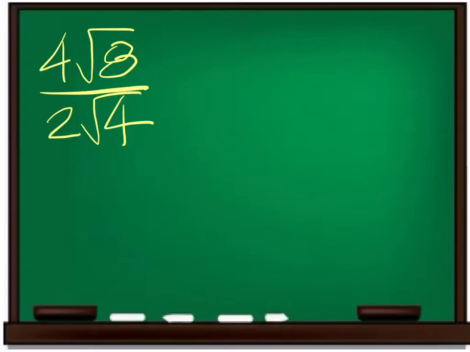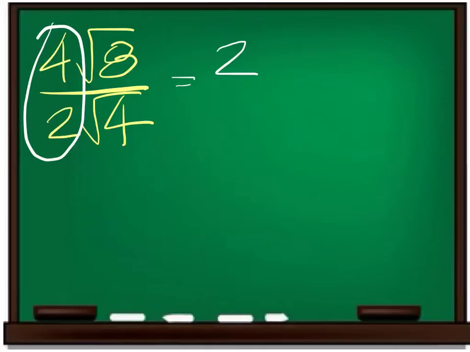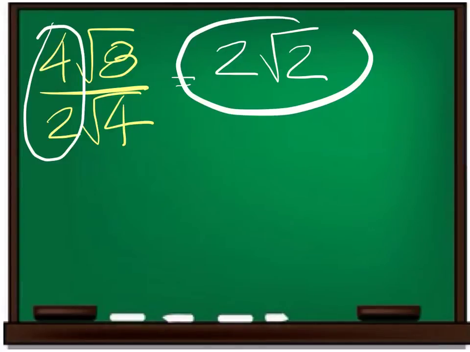But you could also divide not only the 4 over 2 and just having 2 on top, but 8 divided by 4. You can divide square roots and come up with 2 square root of 2. You would be finished. If you multiply the top and the bottom by the square root of 4 and then continue on, you're going to be doing 10, 12 times the amount of work it takes to solve the problem.